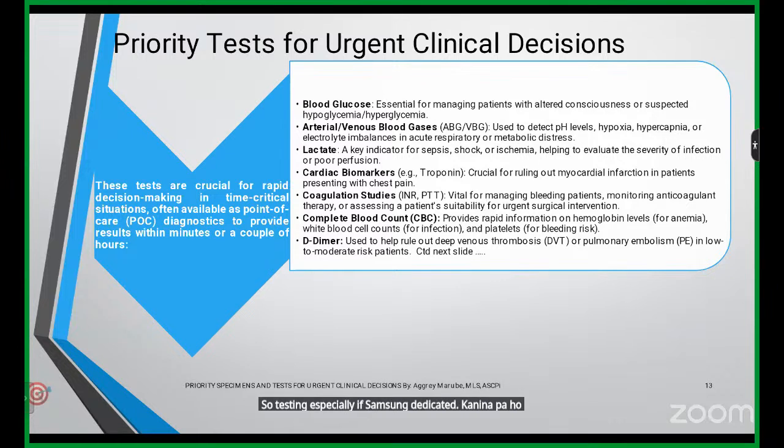Cardiac biomarkers, e.g., troponin, are crucial for ruling out MI in patients presenting with chest pain. We have coagulation studies like INR, PTT, APTT, thrombin time, etc. These are vital for managing bleeding patients, monitoring anticoagulation therapy, or assessing a patient's suitability for urgent surgical intervention.